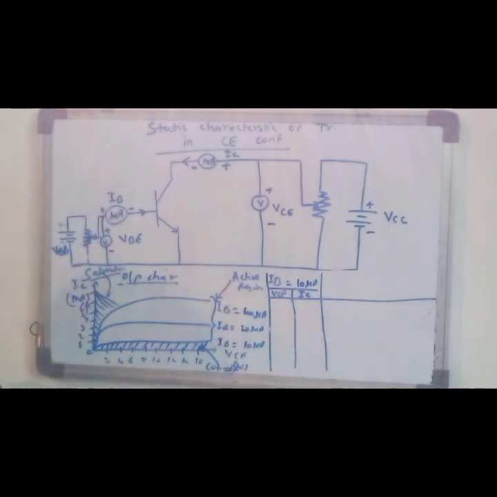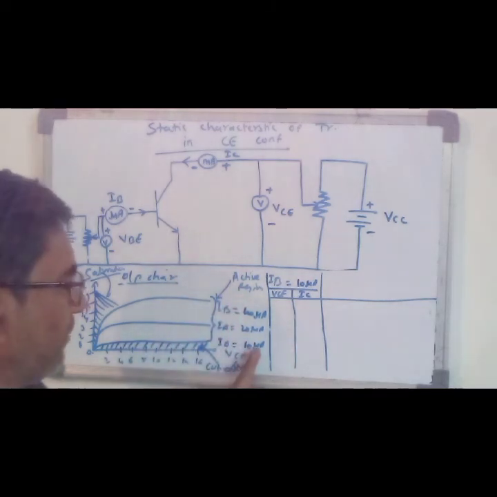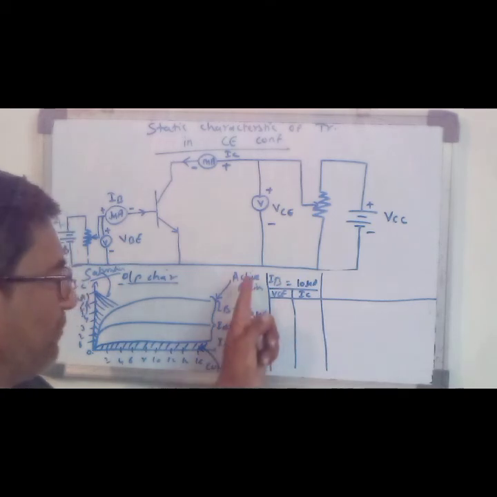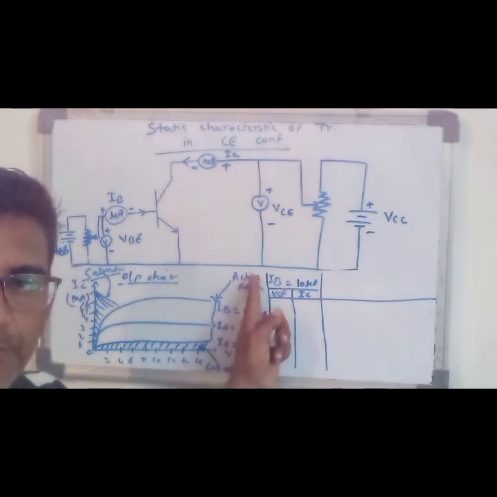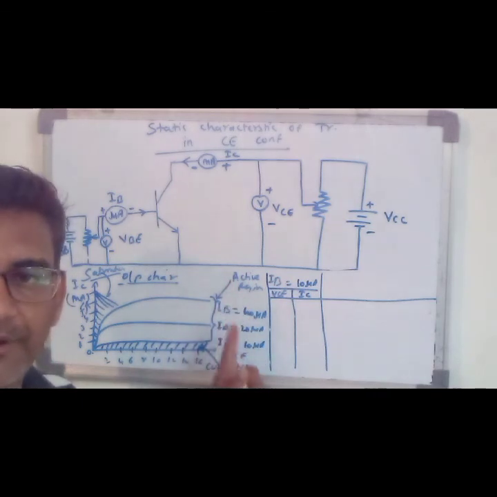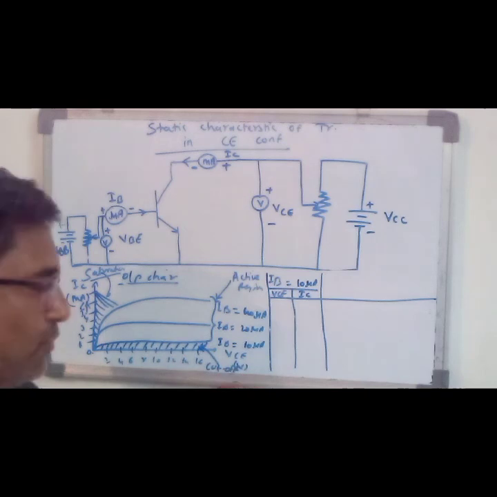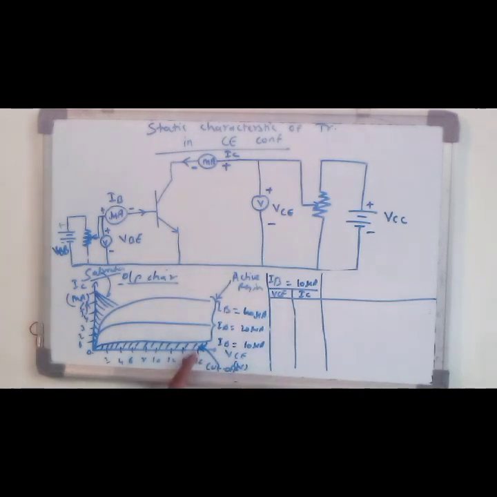The active region lies in between the characteristics, from IB of 10 microampere to a certain microampere value. Between those values you are getting the output, and that output we consider as the active region. And below the active region, starting from 0, is the cutoff.